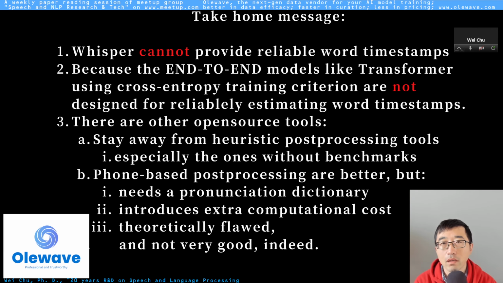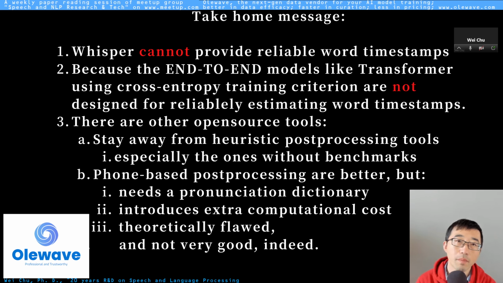Okay, here is the take-home message if you do not have time to finish watching this video. The first thing to remember is Whisper cannot provide reliable word timestamps. I know lots of people would have a different opinion than me, but if you do, just keep watching the video and post your comment in the comment section, and I will definitely reply to your questions and arguments.